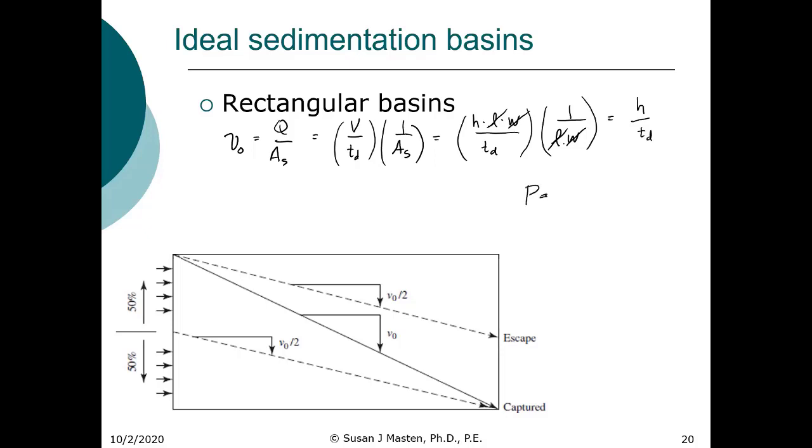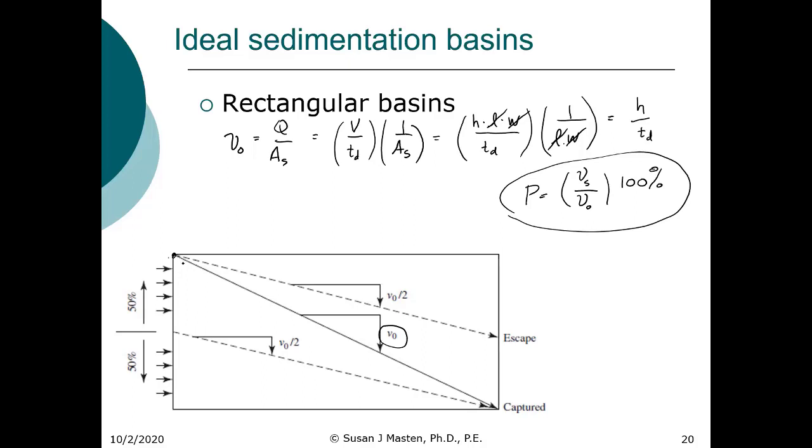And the percentage of particles removed is equal to the terminal settling velocity divided by the overflow rate times 100% for a rectangular basin. So you can see it here. This is height. So we have an overflow rate. This is our overflow rate here.